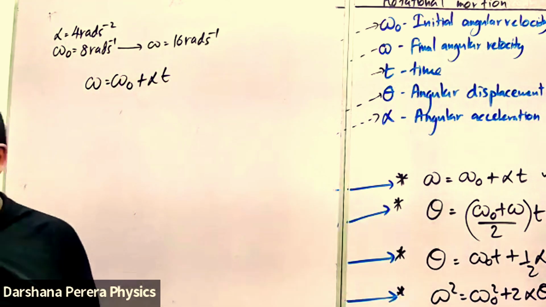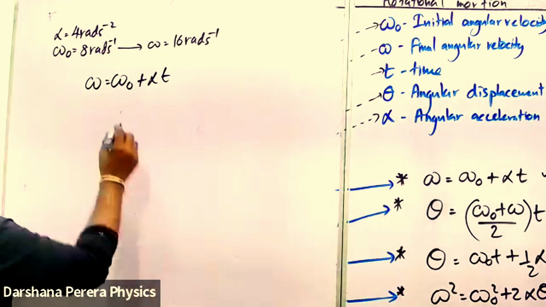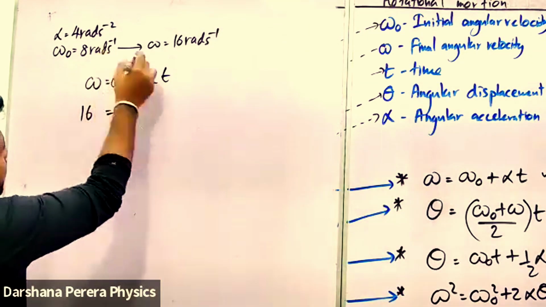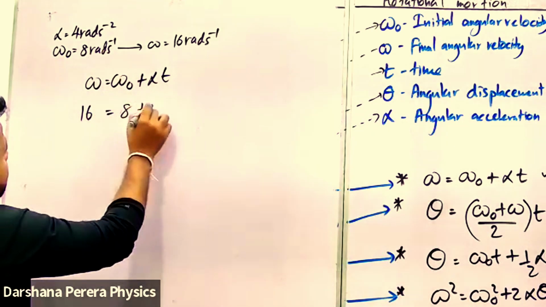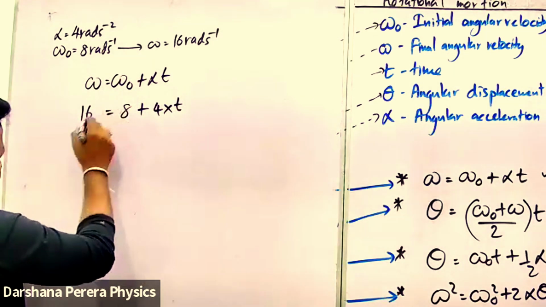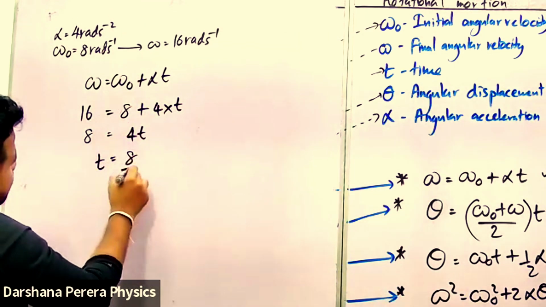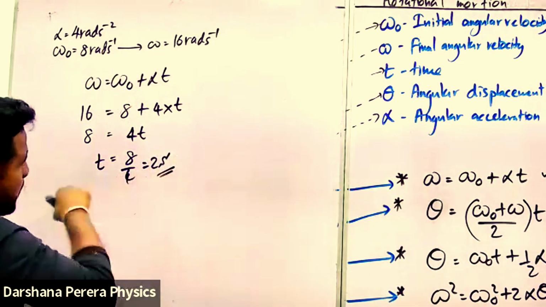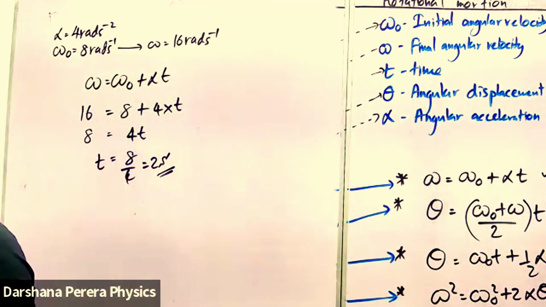So 16 equals 8 plus 4 into t. That means 8 equals 4t, t equals 8 over 4, that means 2 seconds.